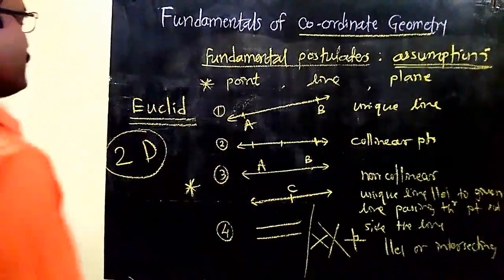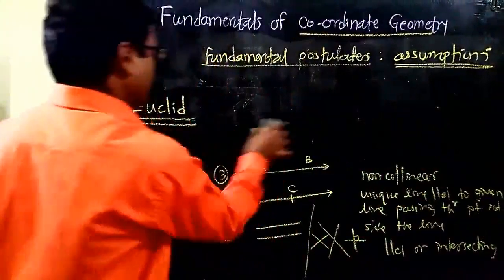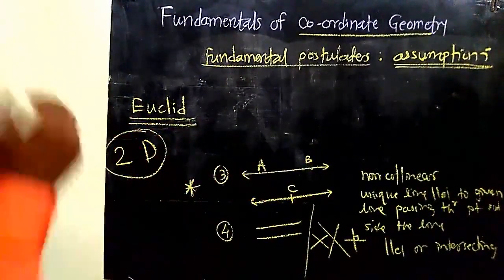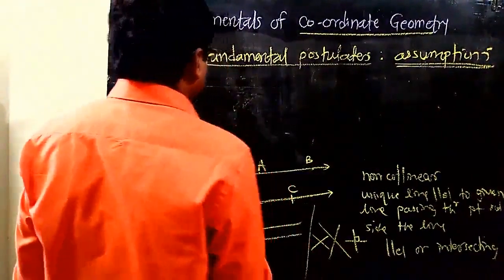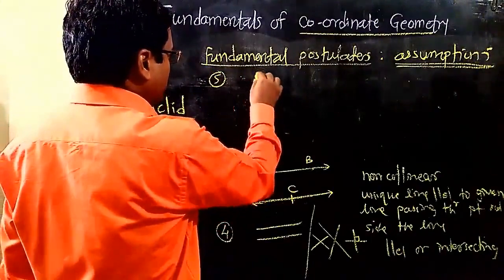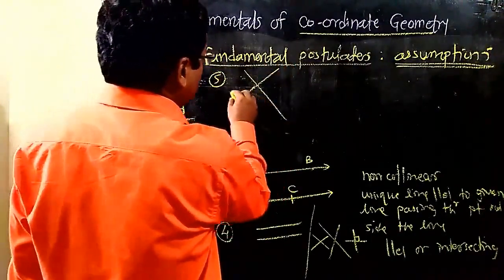And let us see next. If you take 3 lines, then those 3 lines may be like this. Suppose the first line is like this, the second will be like this, and the third is like this.